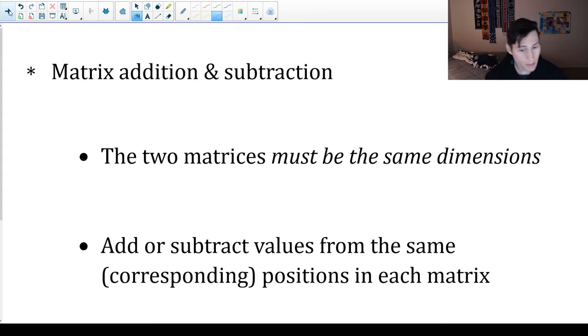We can do lots of operations with matrices. For example, we can do matrix addition and subtraction. A couple things though. In order for this to work, the matrices must be the same dimensions. They have to be exactly the same in terms of rows and columns. We can only add and subtract if they're the exact same.